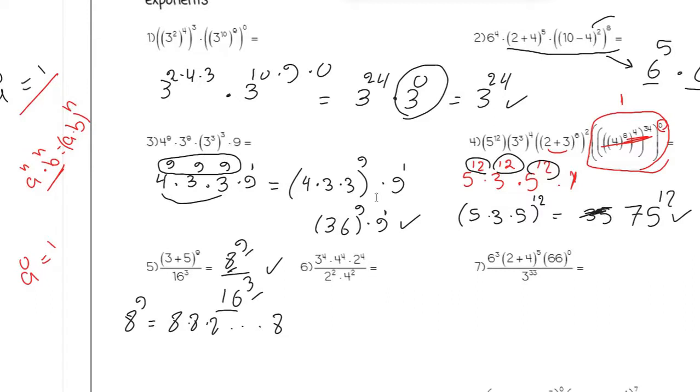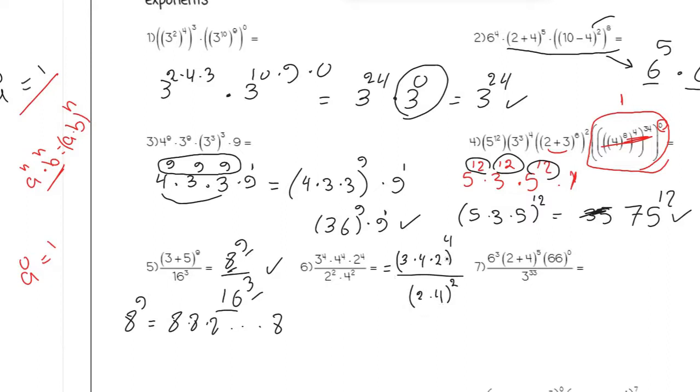In this question, you can take this 2 with this 2 and 4 with 4. Let me erase this one and solve it. Or you can take the numerator, all of them are 4. You can write 3 times 4 times 2, take one 4, divided by 2 times 4, and take one 2.